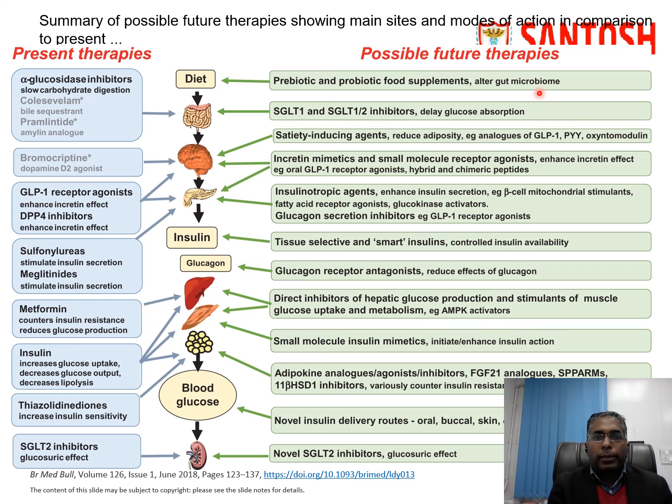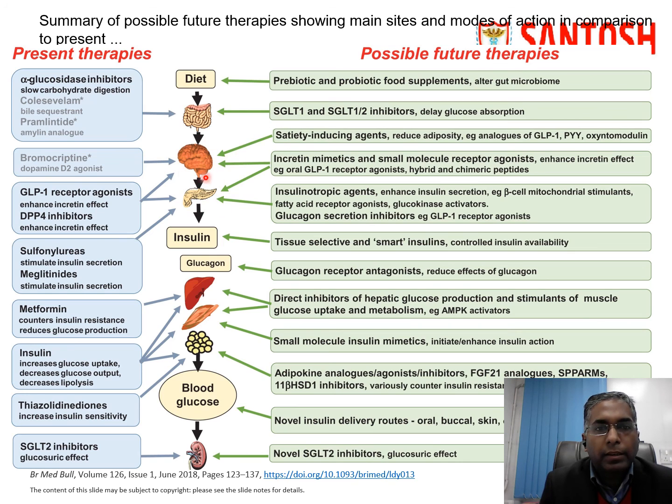The possible future therapies act at various levels. One target can be diet, the supplementation with prebiotic and probiotic food, which can alter the gut microbiome and may lead to a hypoglycemic effect. Newer SGLT1 and SGLT2 inhibitors delay the glucose absorption in the gut.